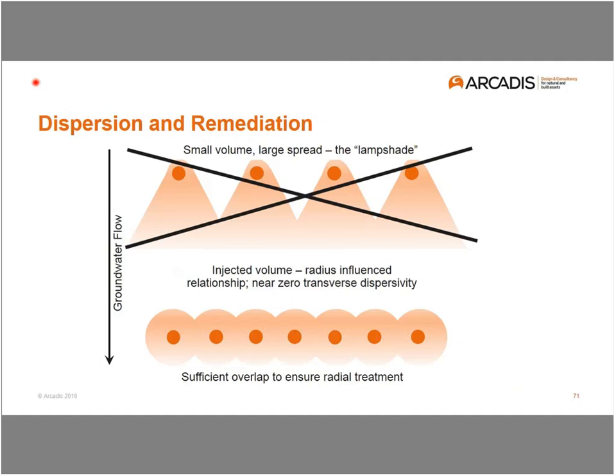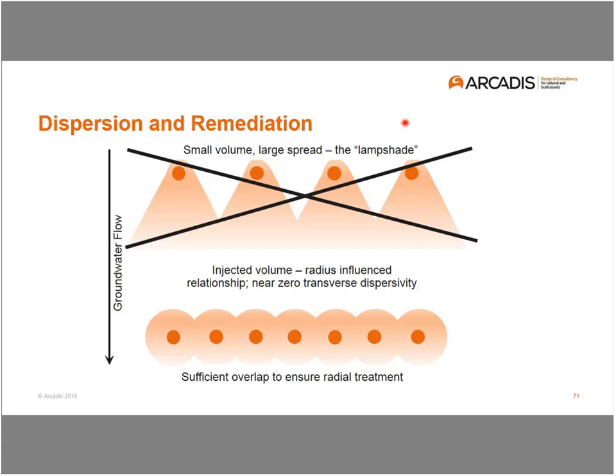So venturing into some of the design parameters here, this idea of dispersion is an antiquated view of injection remediation. The idea that small volumes of high concentration will kind of lampshade out as they move down gradient has been proven time and time again to not be true.